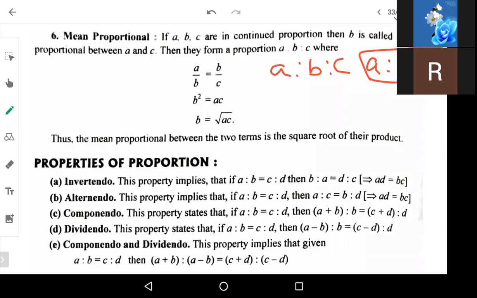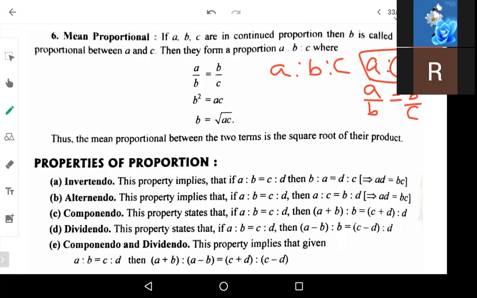So when you have a data like this, B is called the mean proportional of A and C. Now, how did they come to that formula of square root of AC? Now, A is to B is nothing but A by B. B is to C is nothing but B by C. We have learned this in ratios. A is to B can also be written as A by B, and B is to C can also be written as B by C.